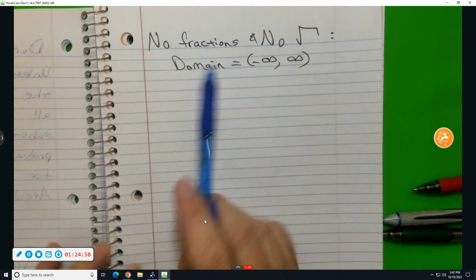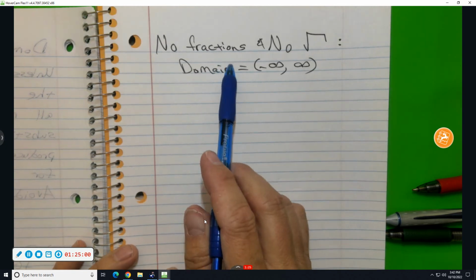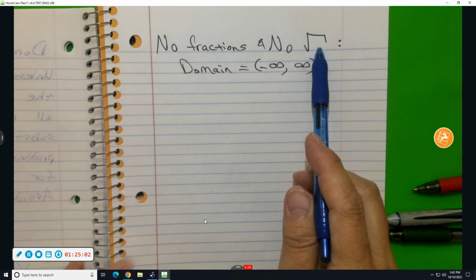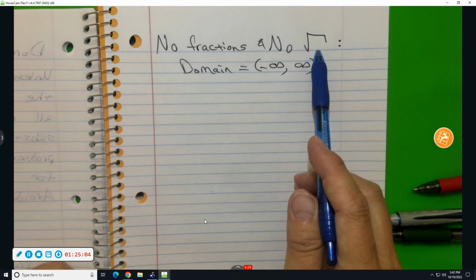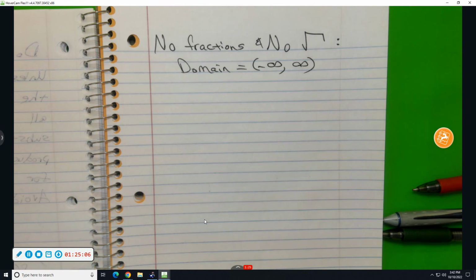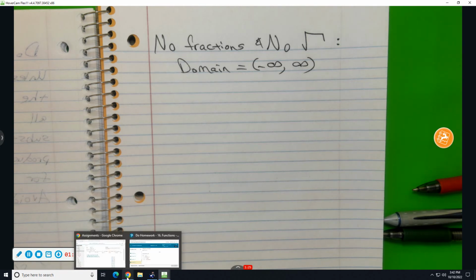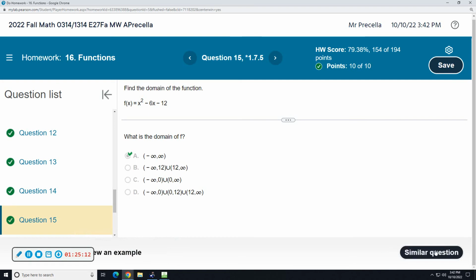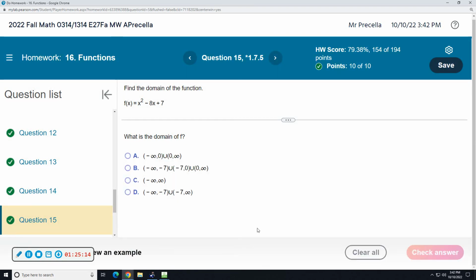If there are no fractions, you can't get a denominator of 0. If there's no square root, you can't get a square root of negatives. So, okay. Suppose this were the question. What would you choose? A, B, C, or D? Find the domain.